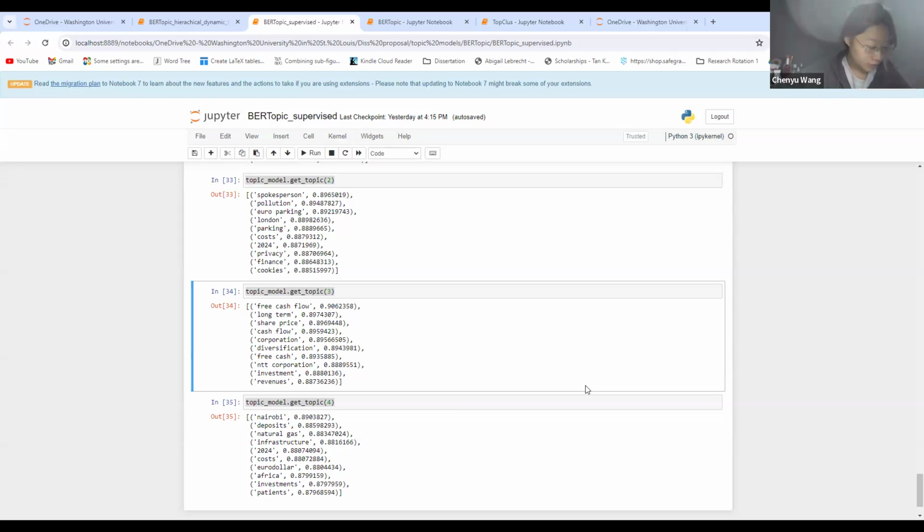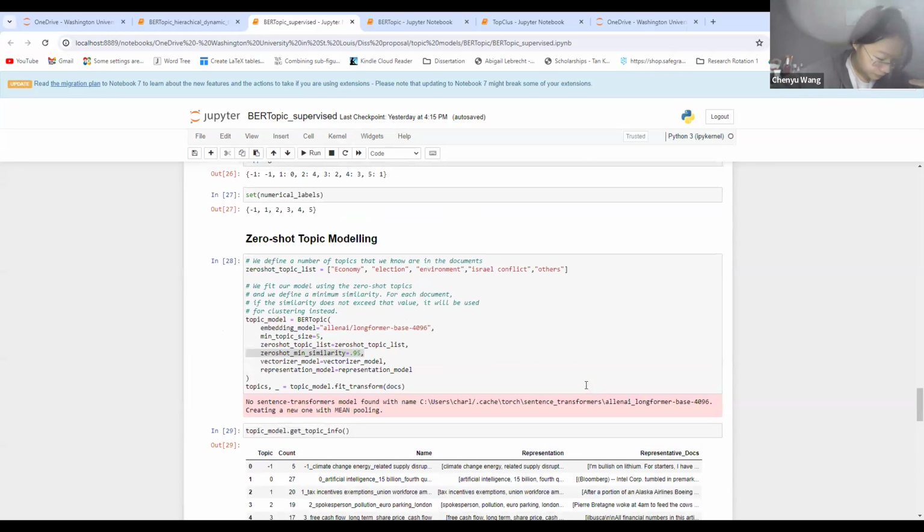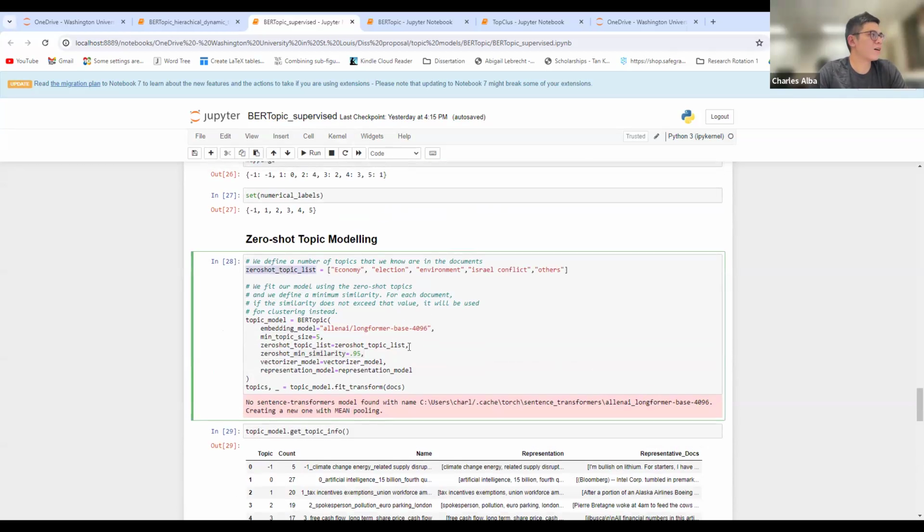I have another question about the zero-shot classification at the end. I was curious. For the zero-shot, we define all the topic names? Yeah, great question.